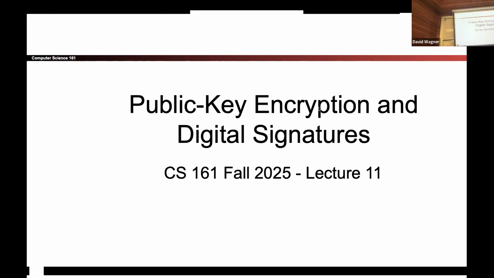We often call that a man-in-the-middle attack, because Mallory sits in between Alice and Bob, and to Alice pretends to be Bob, and to Bob pretends to be Alice. Okay, so that's one problem. It's not secure if there's a Mallory present who's changing messages.